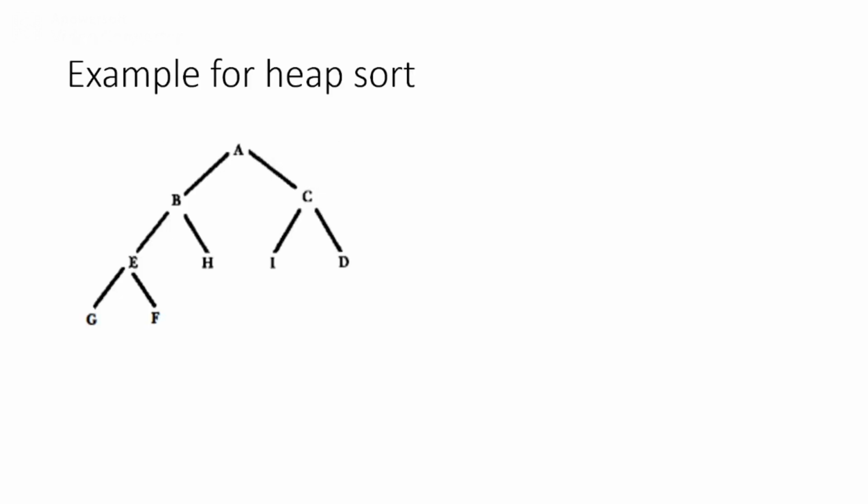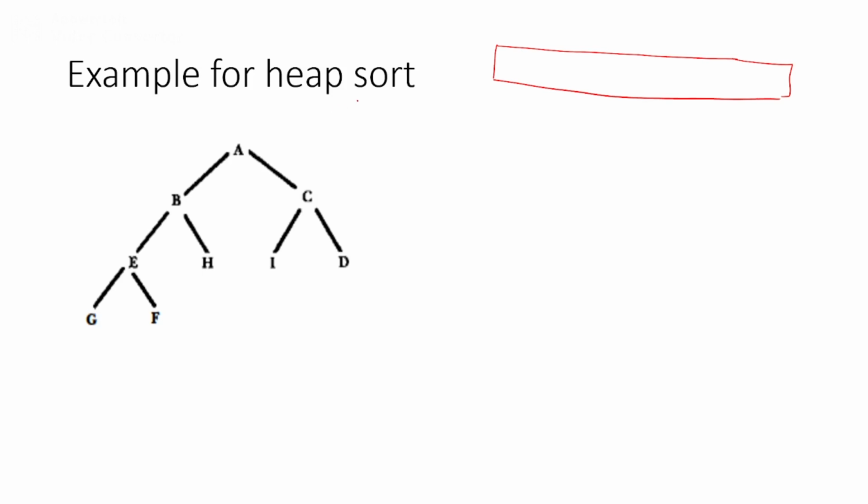Let us take an example for heap sort. I will take this particular tree for sorting, and let me take an array. This is the array I'm going to take, which will have all these elements.